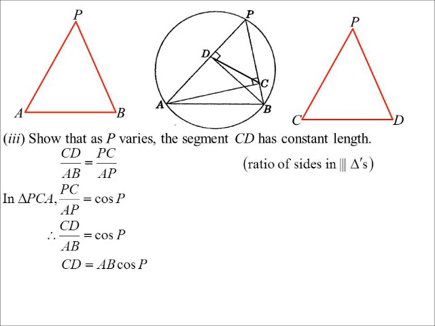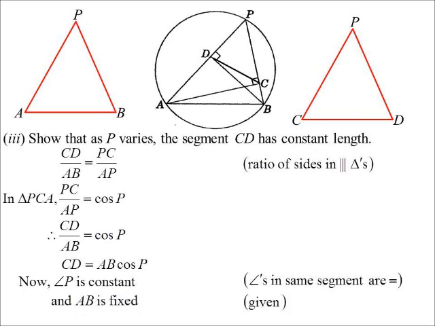We want to show that this is constant, but P is moving around our circle. Well, angle P will be constant, because whilst it's moving around the circle, remember AB was fixed. AB is not moving. So you're always going to have angles in the same segment, no matter where you put P. So the size of angle P will be constant.